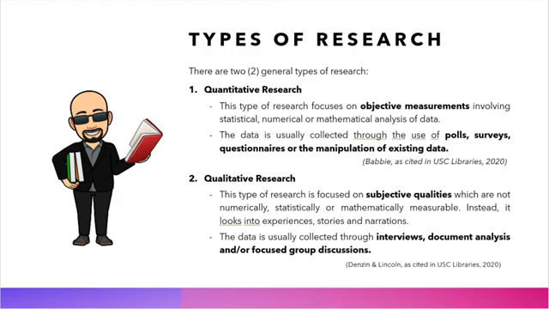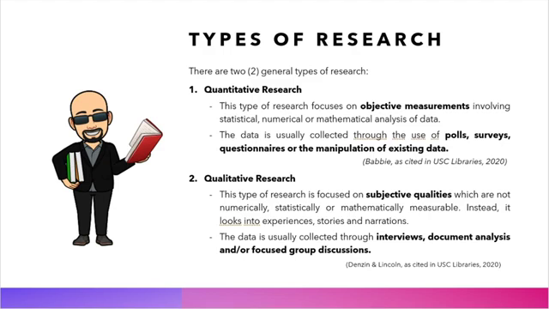So the data that you usually collect from qualitative research is acquired through the use of interviews, document analysis, and or focused group discussions. So as you can see, there's a stark difference in the type of data that we collect from these two researches. And there is also a very big difference in the manner by which the data is collected.